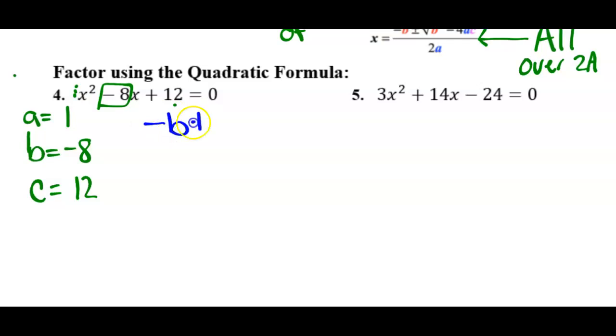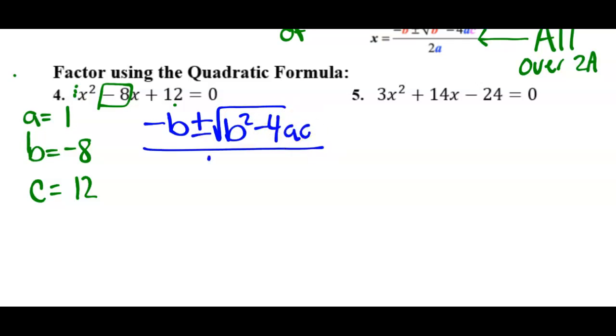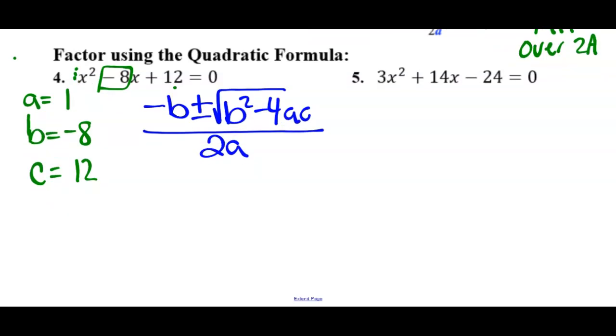Opposite of b plus or minus the square root of b squared minus 4ac all over 2a. I suggest writing it in there, and then doing your substitutions. So, what is my b? It was -8.